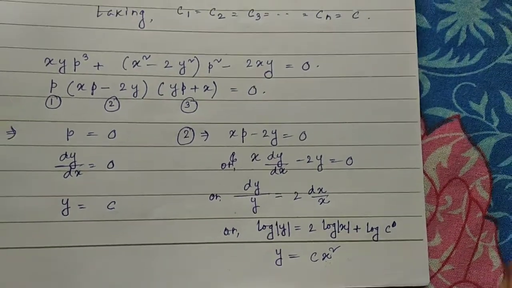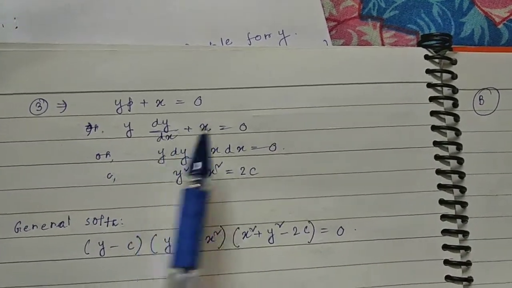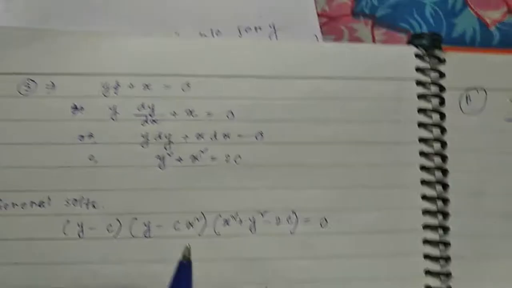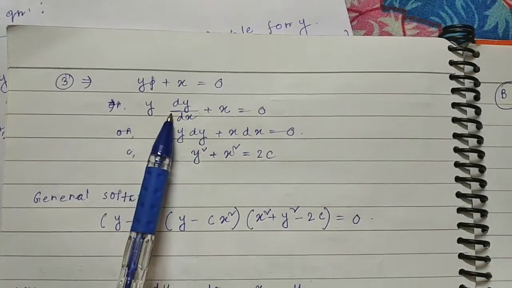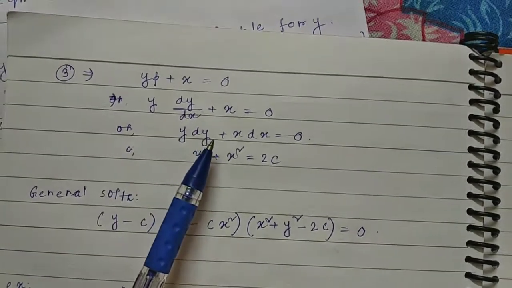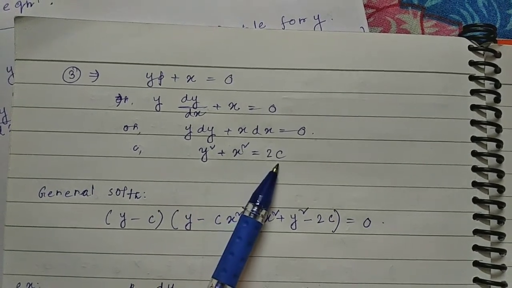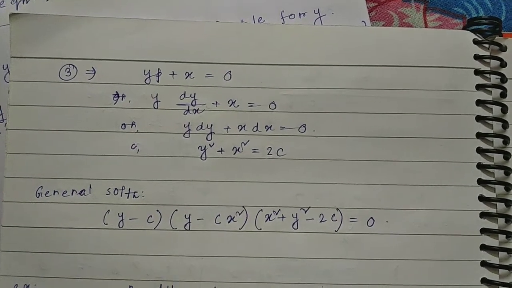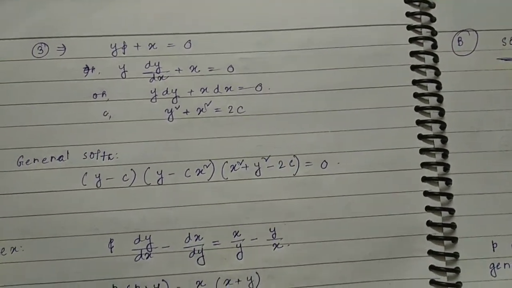We can check the solution. And the third one is yp plus x equals 0. This is again a first order, first degree equation. If you integrate it, you will get y squared plus x squared equals 2c. I have taken the same c in all cases, not c1, c2, c3.